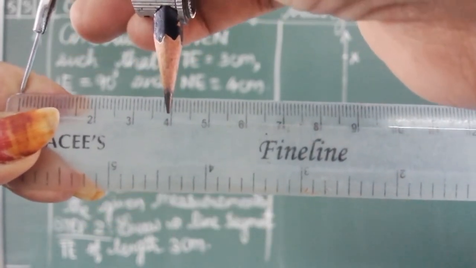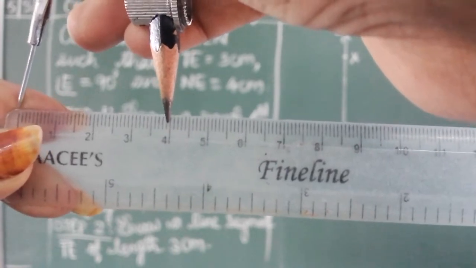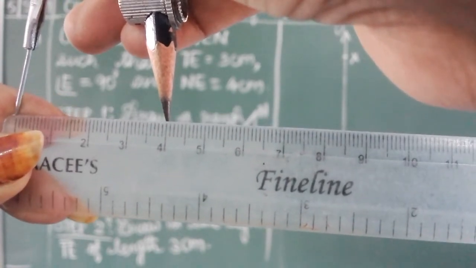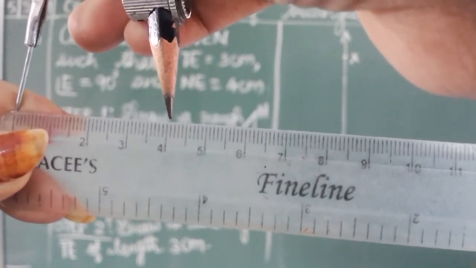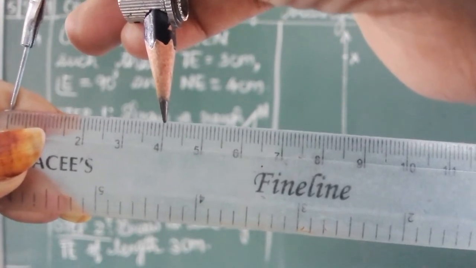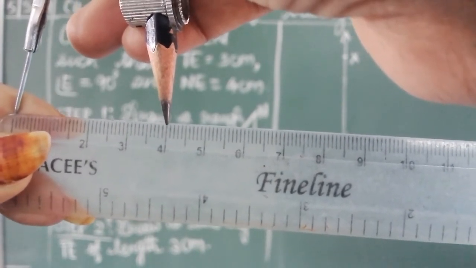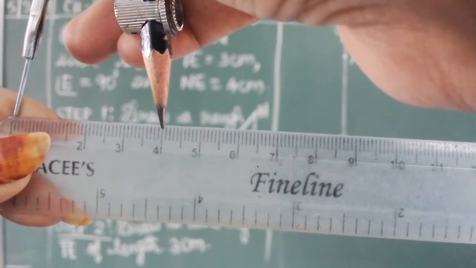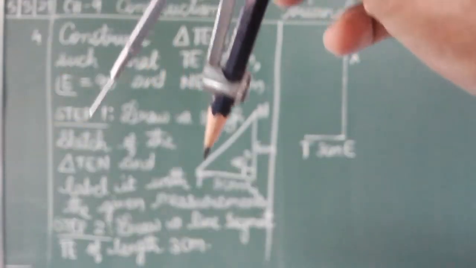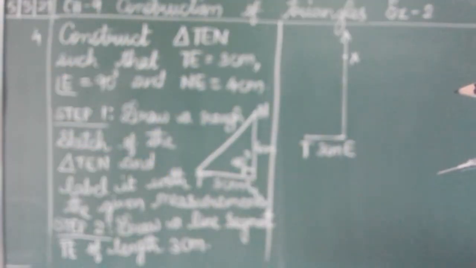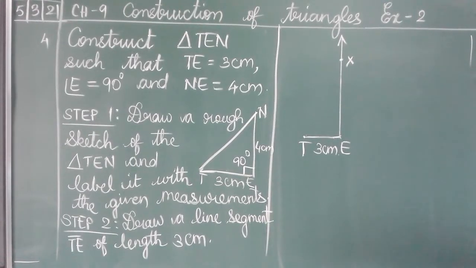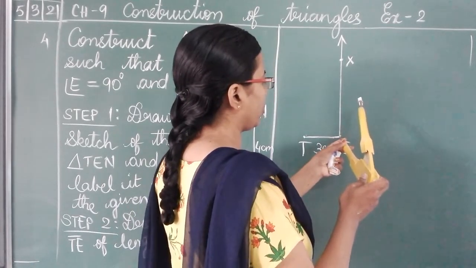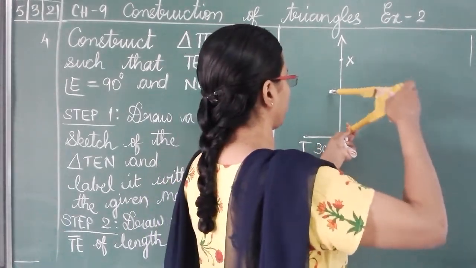You are able to see now, children? Are you able to see? Yes, this is 4 centimeters. Now keep the pointer at E and cut an arc.